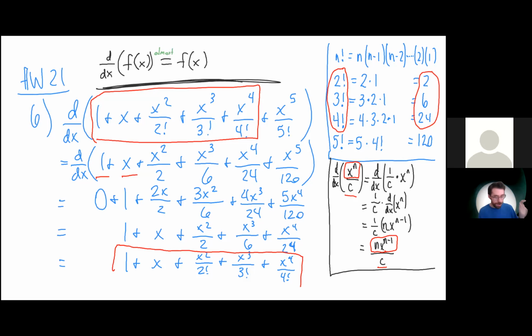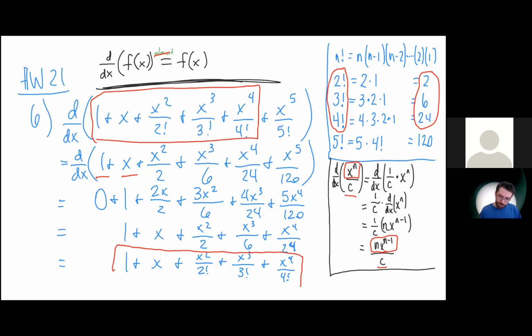The function almost didn't change after taking the derivative. So I put a little almost over the equal sign. What function do you know where this is exactly equal? Pause if you need to think.